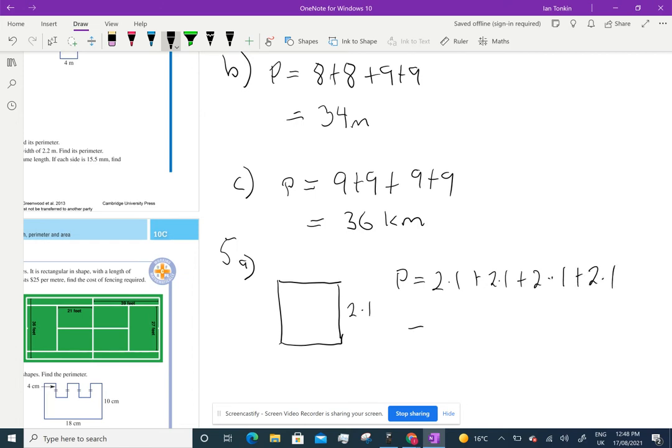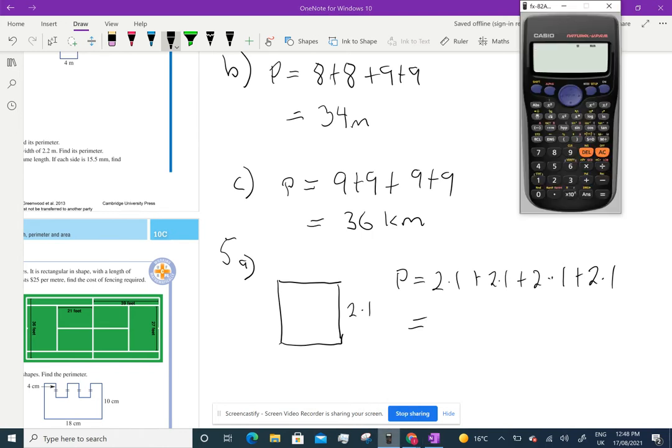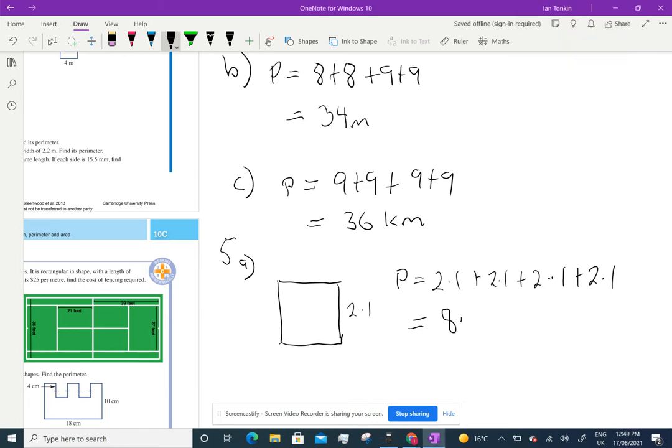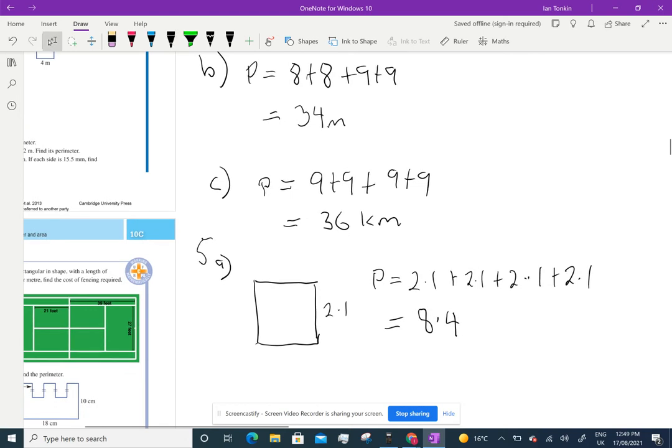Now I know that you can go 4 times 2.1, but I like to write it as adding, because later on when we find area, we do multiplying, and I don't want to confuse the two. So 2.1, I'm using my calculator, even though I can do it in my head so you can see. 2.1 plus 2.1 plus 2.1 plus 2.1, 8.4. What units was it in? Centimetres.